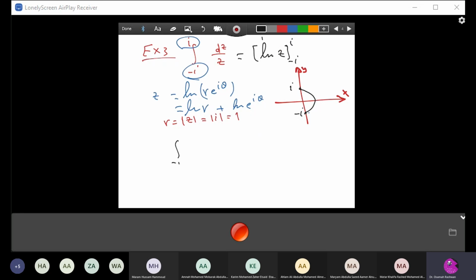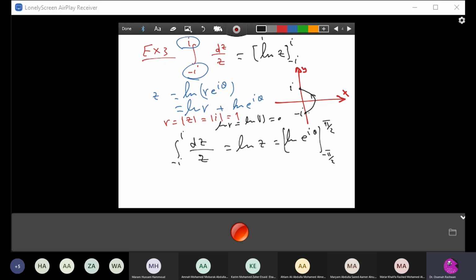So now I know the integration from minus i to positive i of dz over z will be ln z. I change this ln z into Euler form with ln 1, which is ln r equal to 0. So ln e to the i theta, and theta goes from minus pi over 2 to pi over 2.